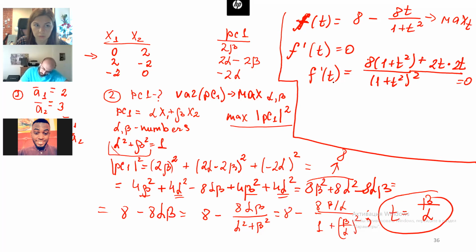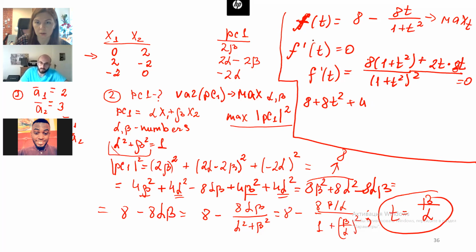It means that if the function's derivative is equal to 0, the numerator is equal to 0. It will be 8 plus 8t square plus 4. Oh, here should be not 2 but 8.